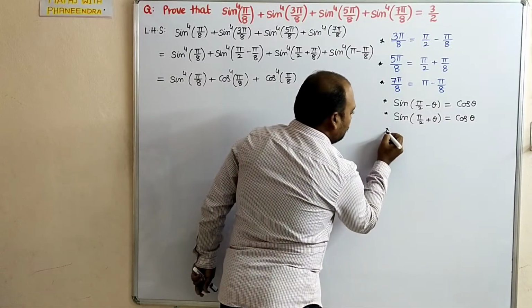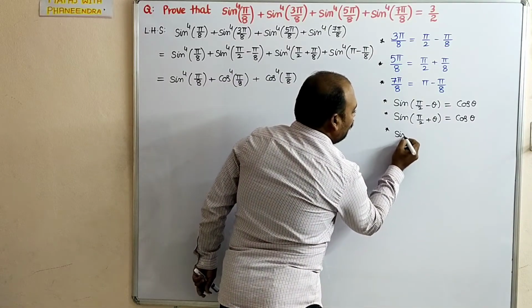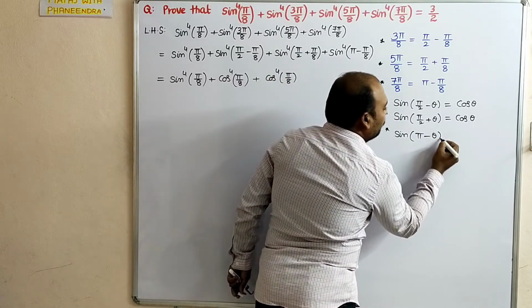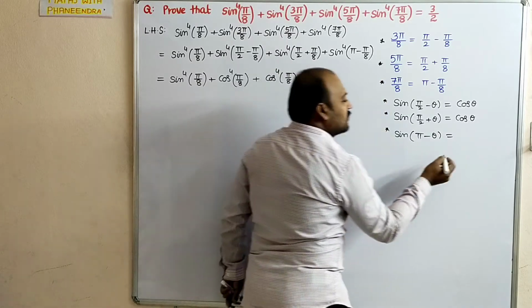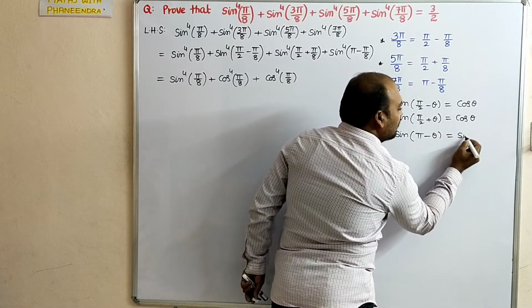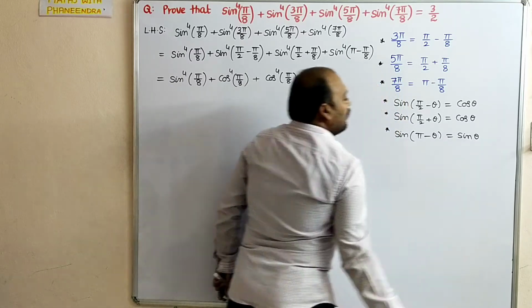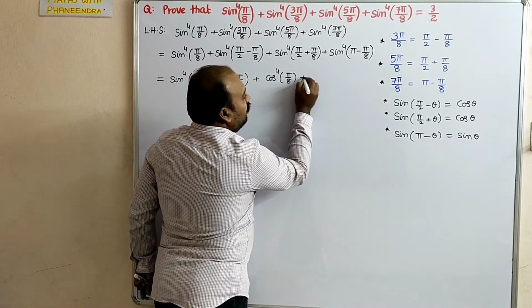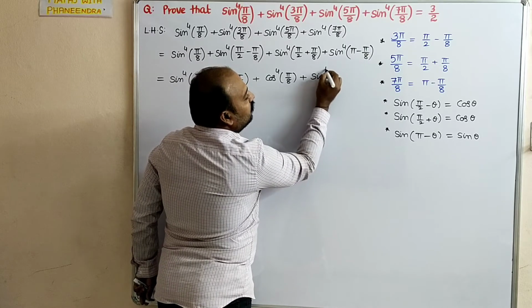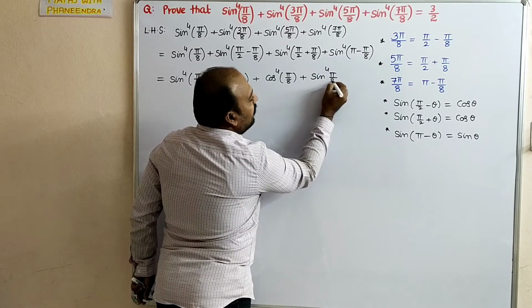Next, third one, sine of pi minus theta. Pi minus theta is in the second quadrant where sine is positive, and since it is an even multiple, the same trigonometric function will come, sine theta. So sine power 4 of pi minus pi by 8 means sine power 4 of pi by 8.